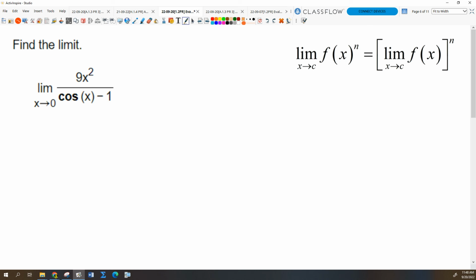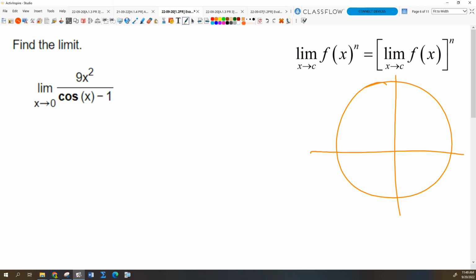Oh boy, I'm going to have to whip out a little unit circle, this is just the one thing we'll do today on the unit circle, right? If we know that this is angle theta, then the coordinates on the unit circle are cosine theta and sine theta, right? Cosine is the x coordinate.